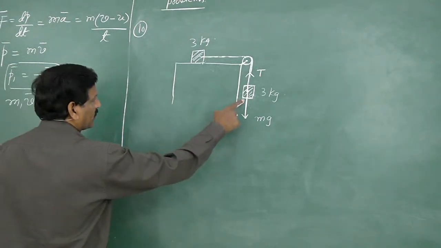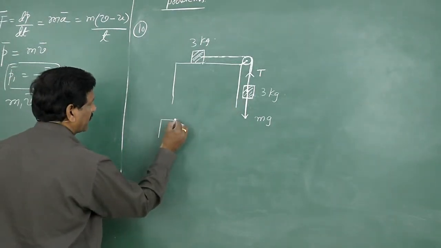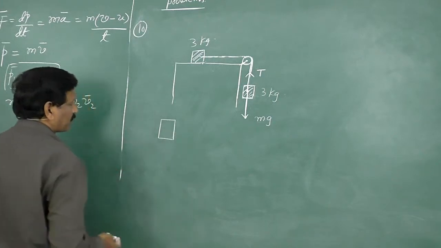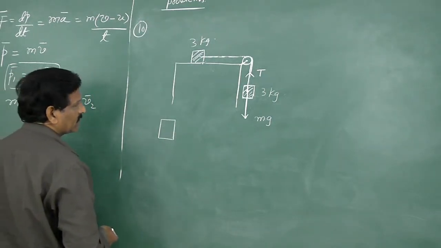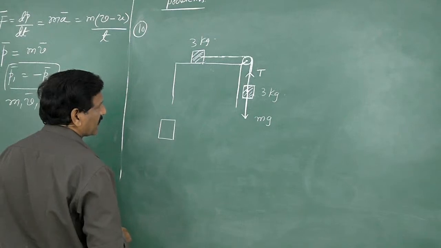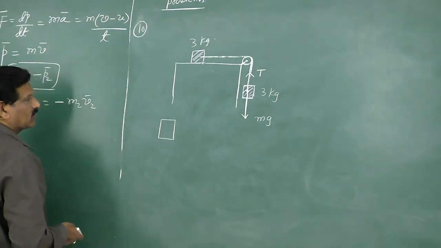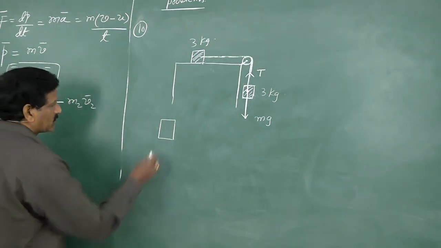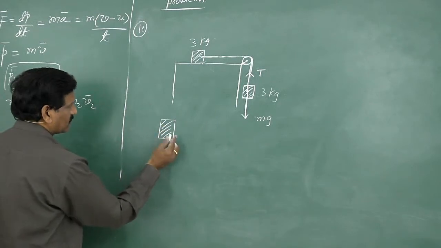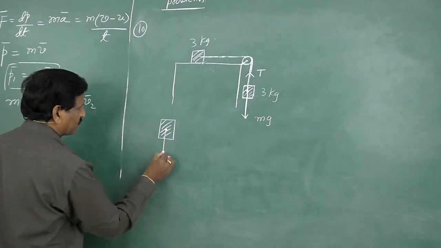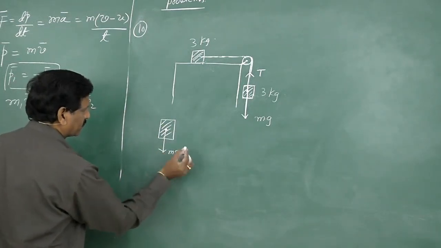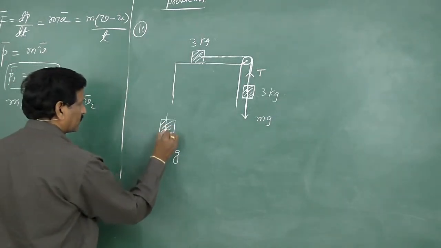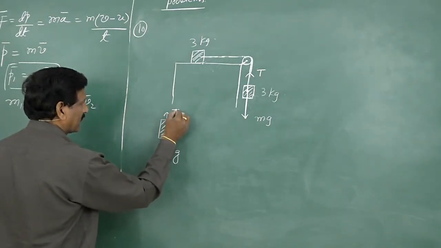So if you take this free body diagram, representing the various forces acting on the body when the body is taken alone. So this is the 3 kg mass, and this is one force acting downwards, another force T acting upwards.